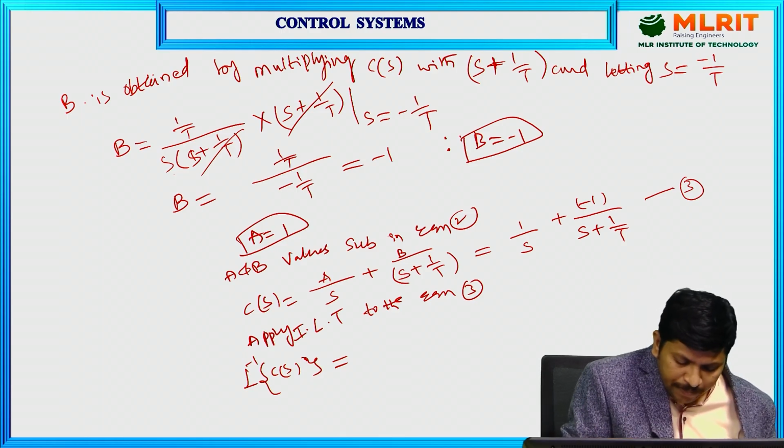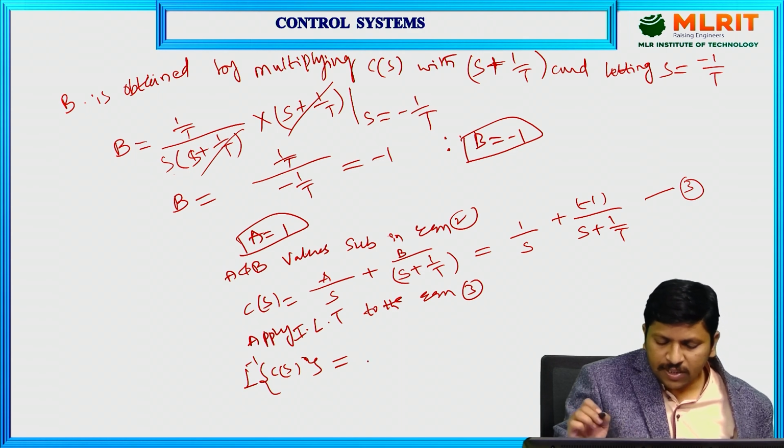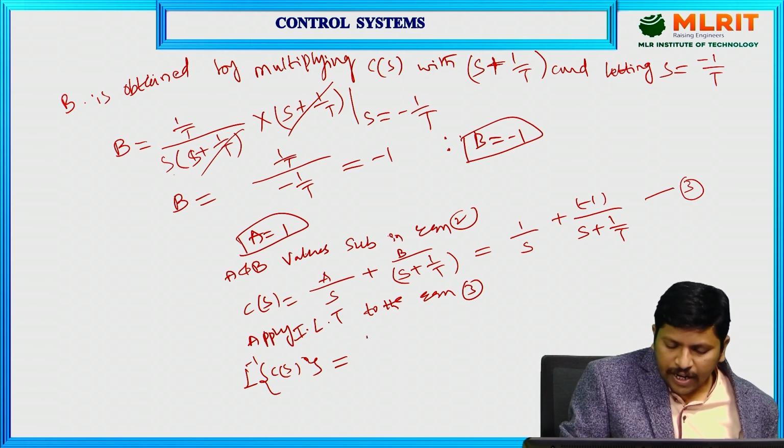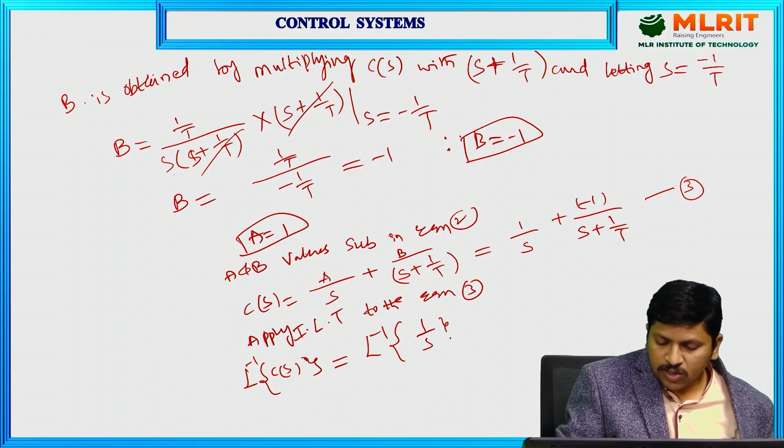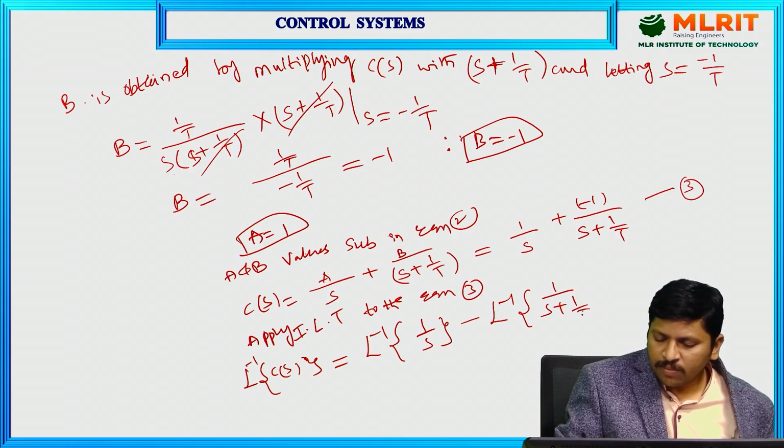Inverse Laplace of C of s equals inverse Laplace of 1 by s, minus inverse Laplace of 1 divided by s plus 1 by t.